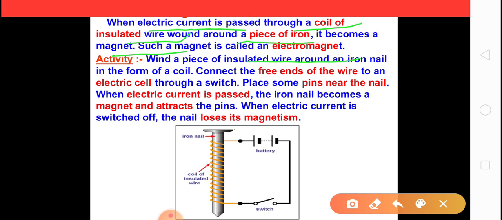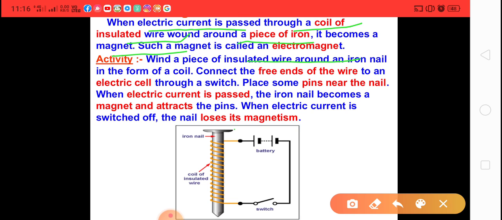Very simple: we have a nail, and around that we have put an insulated wire. If we provide electric current in the insulated wire, the nail behaves like an electromagnet. It attracts iron things, so it behaves like an electromagnet.